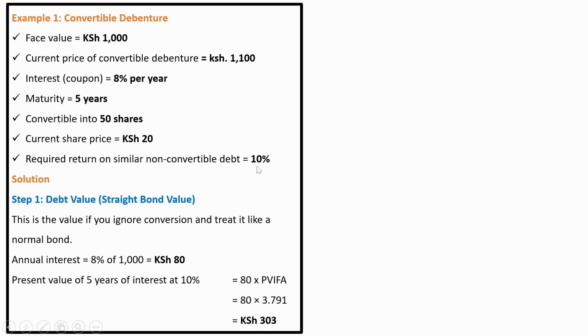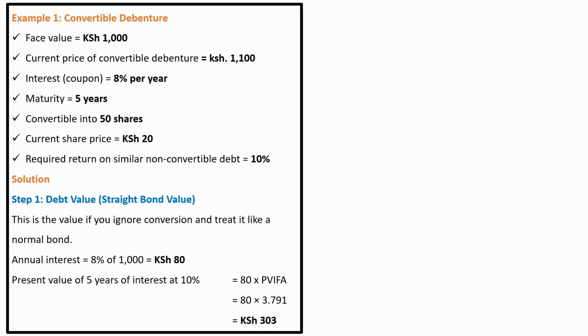So the required return is the one we normally use to find the present value. And the coupon rate is the one we use to calculate interest the investors earn from the debentures. So we are required to find the value of this debenture. And we are going to follow the steps we have seen previously.